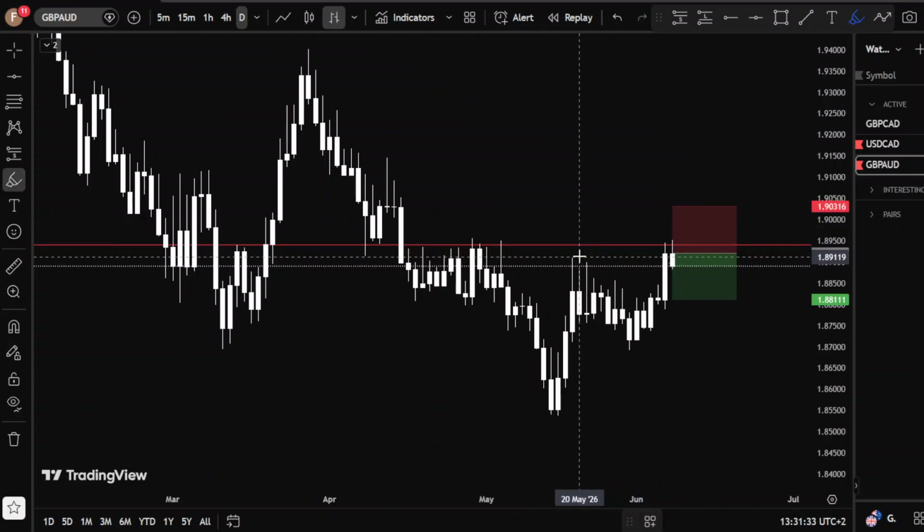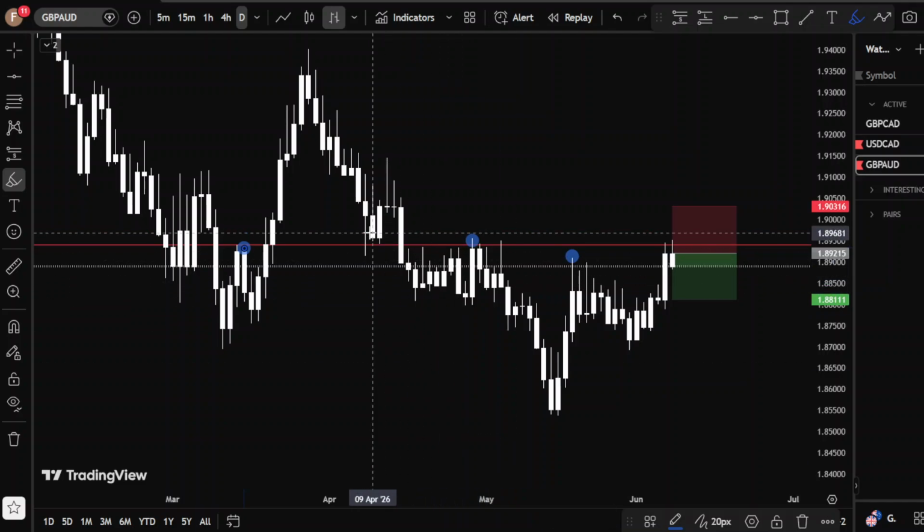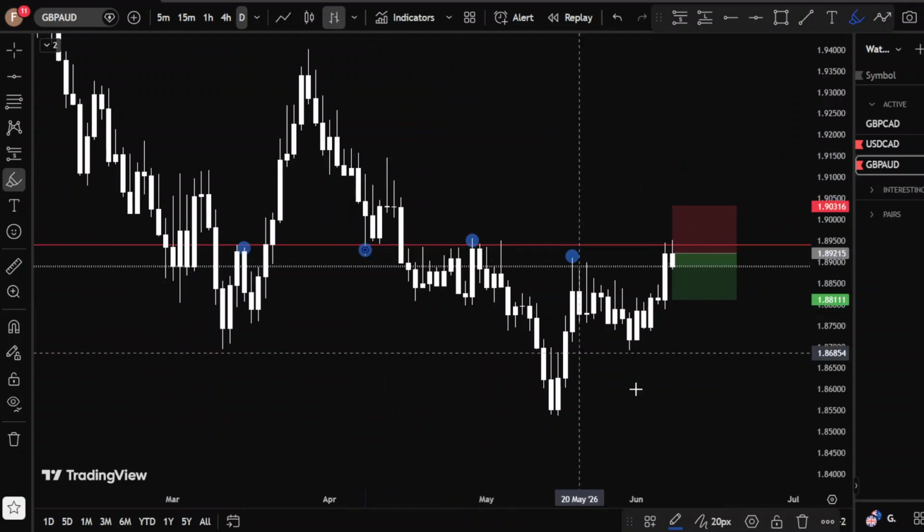Again, because of this, and even this one, you can see it comes up. Maybe this setup is a little bit less reasonable. I think it's good enough to take anyway, and you can see it start to play out.